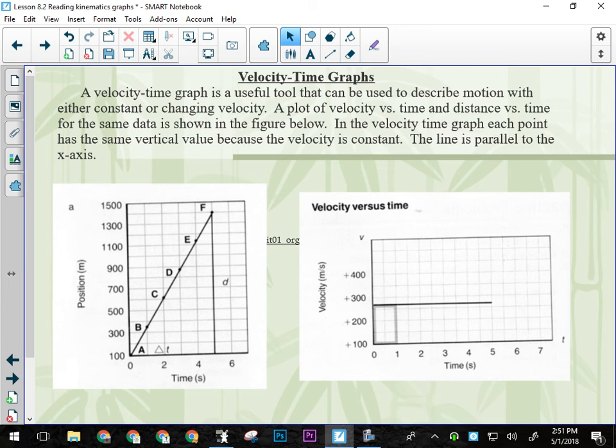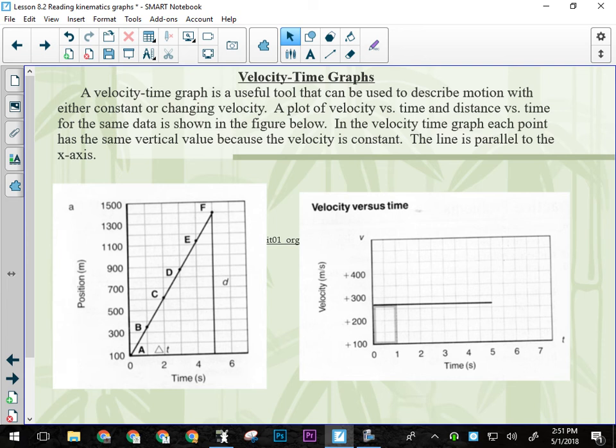How many of you were thinking something that was stopped? Because we just learned that if it's flat, it's not going anywhere. That's true on a position versus time graph. On this graph, what's not changing is velocity. So even though it's flat, it's actually moving. It's just not changing its velocity. Everyone follow there?